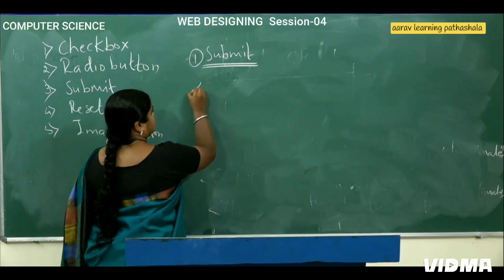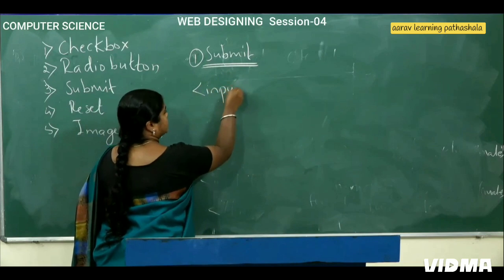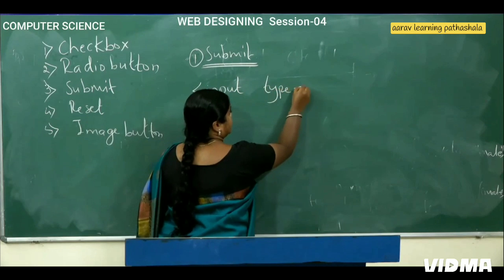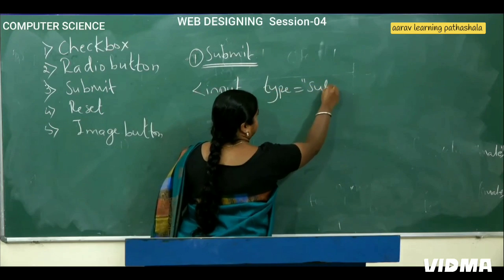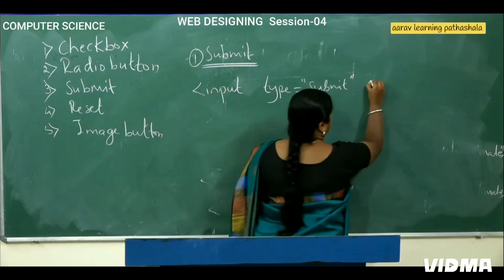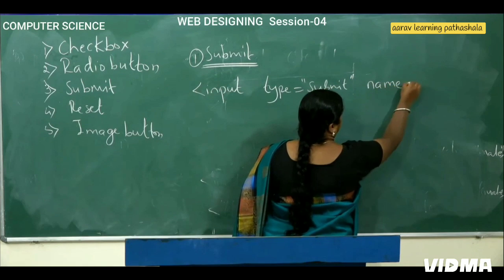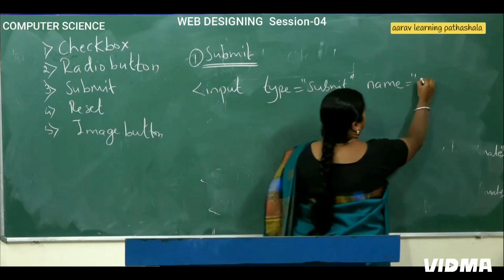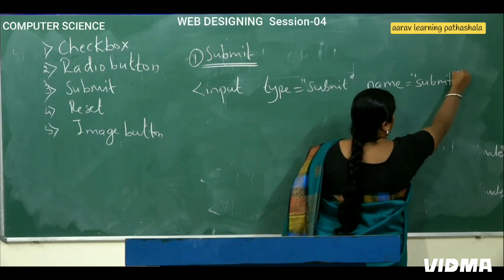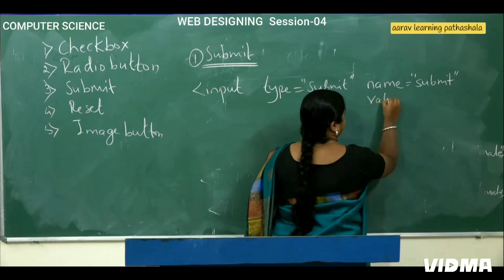So for the submit button, we are going to take the tag input. Tag will be input. Type is going to change, that will be type is equal to submit. Then give the name to that particular control. Name is equal to submit, and then finally value.